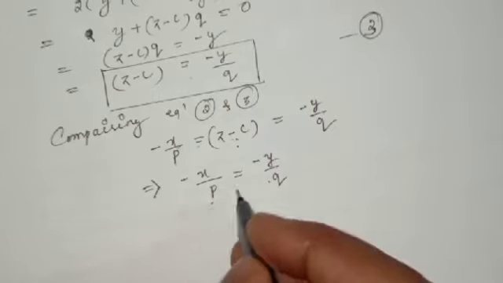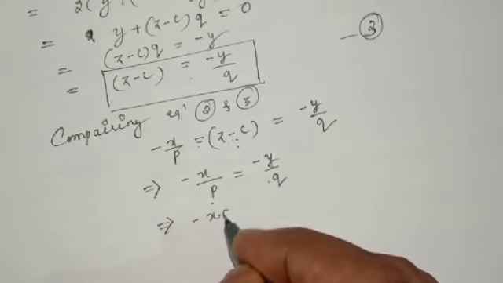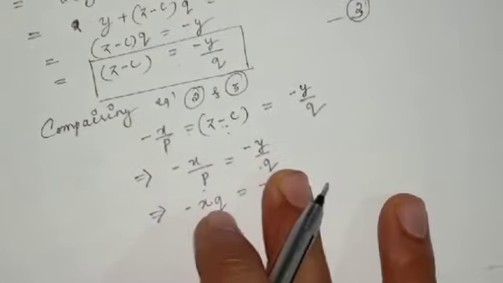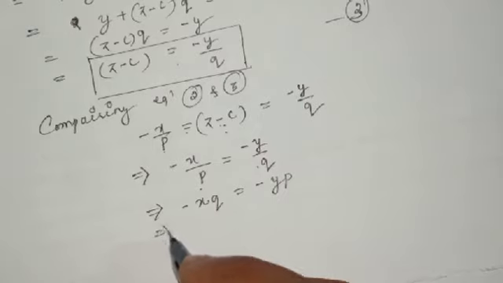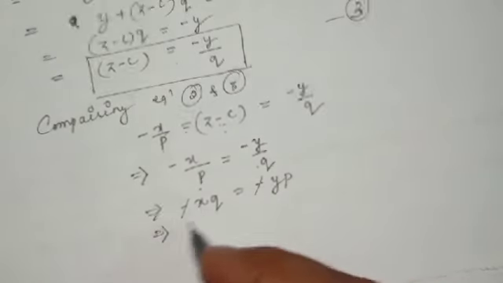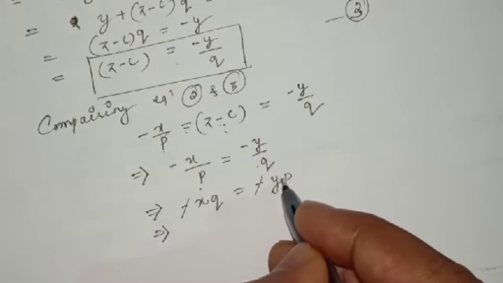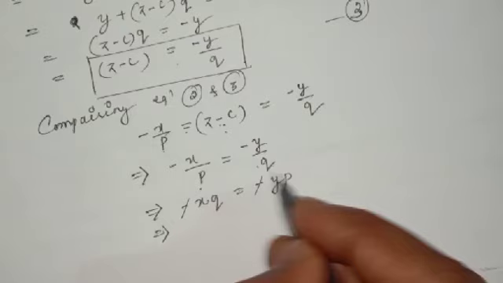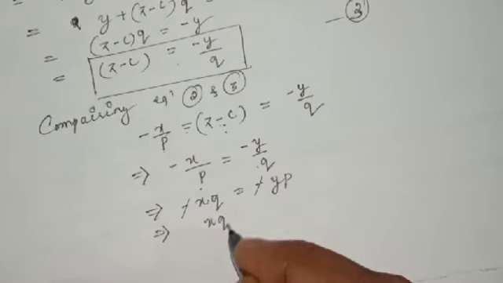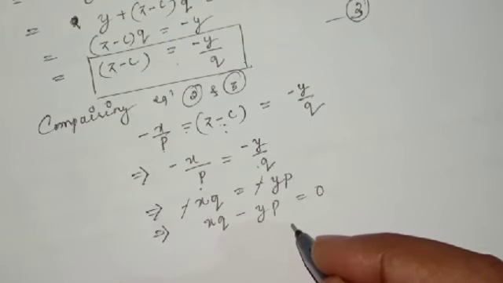Is that correct, students? Cross multiplying, it will be minus xq is equal to minus yp. Cancelling the minus from both sides, xq is equal to yp. Taking yp from the right to the left side, it will be xq minus yp is equal to 0.